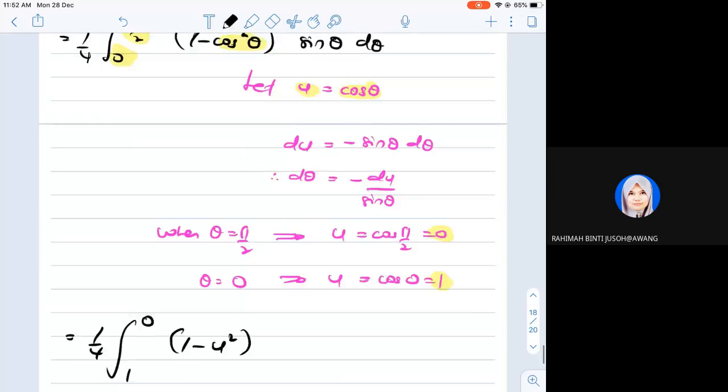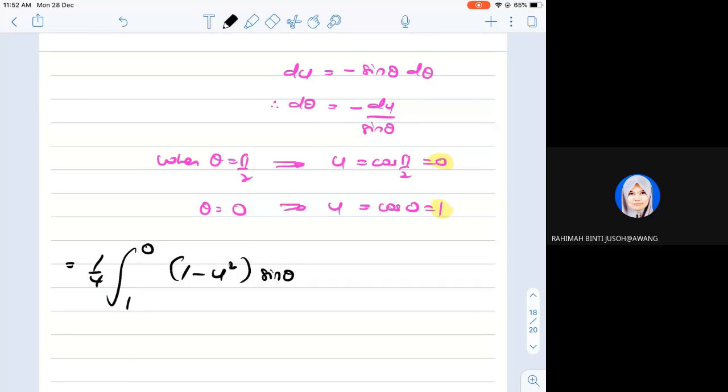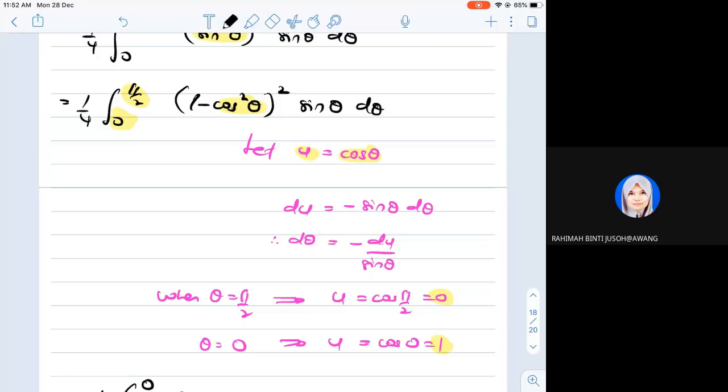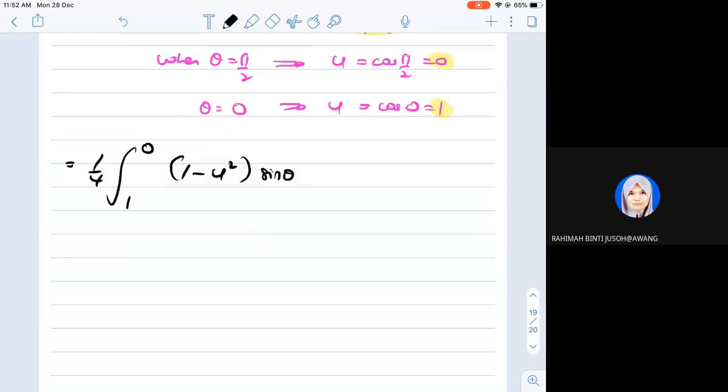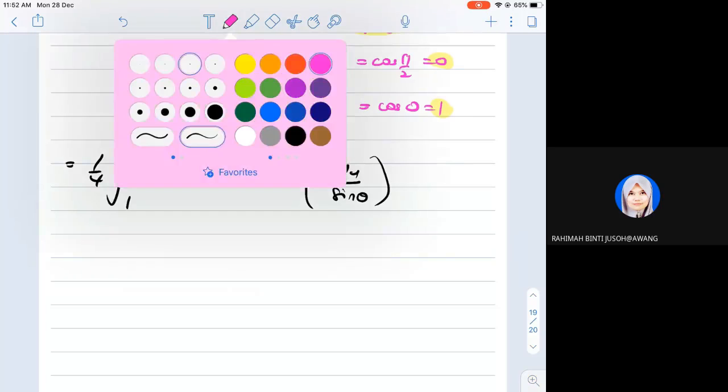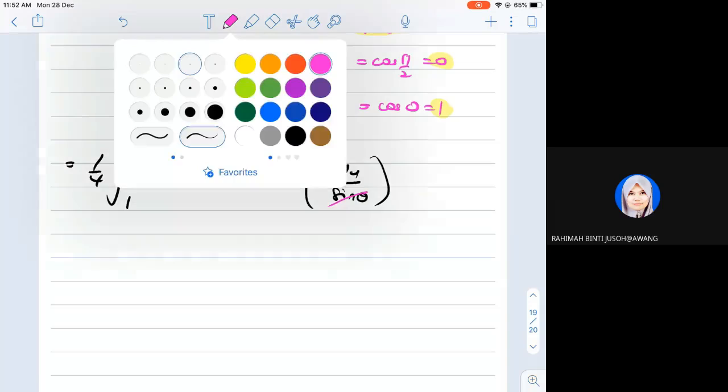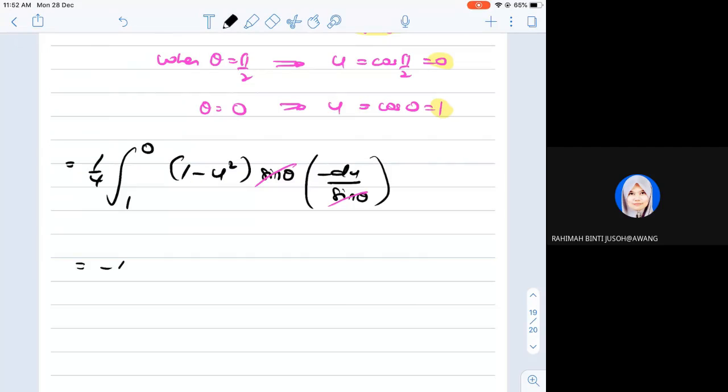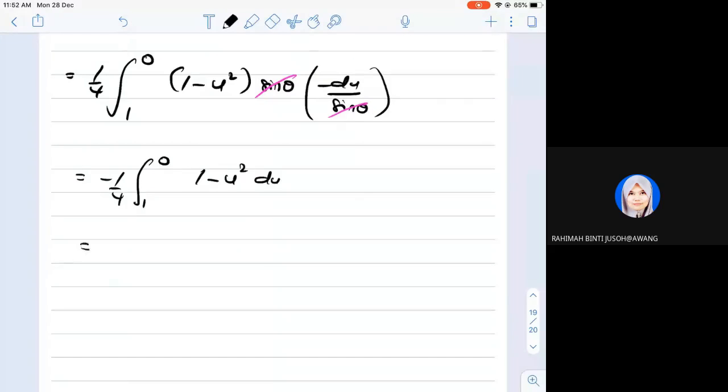And then sin theta, with d theta equivalent to negative du over sin theta. We will have this and this, so we get negative 1 over 4, integral from 1 to 0, of 1 minus u squared, du.